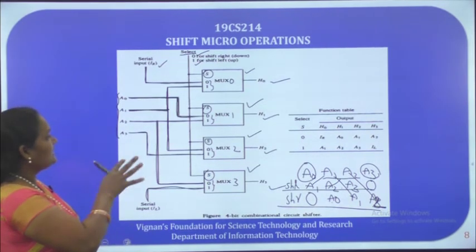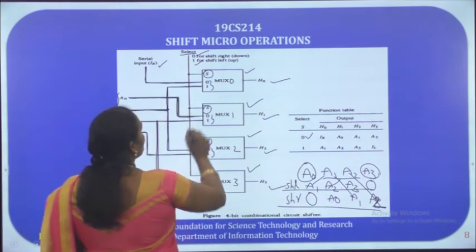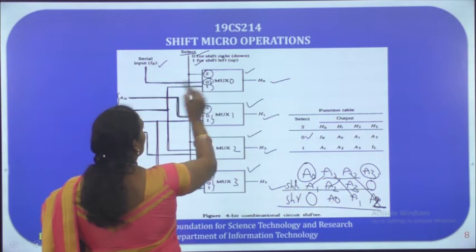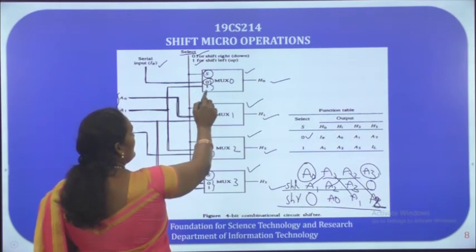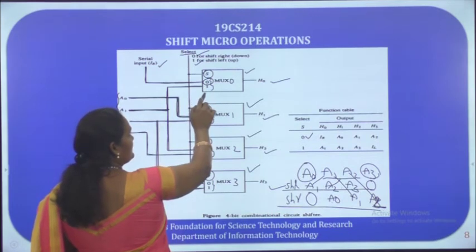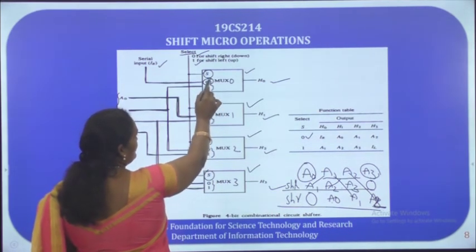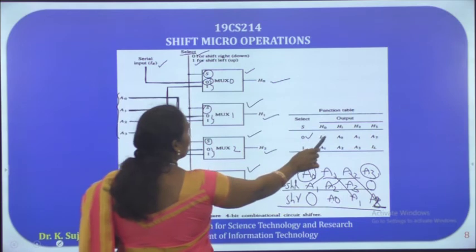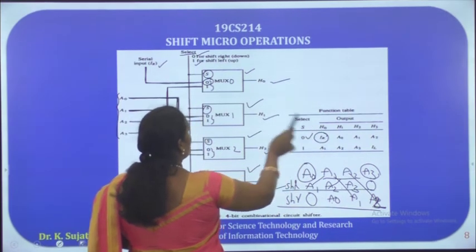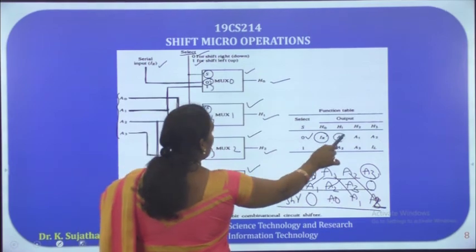Now how does it work? Let us see. If selection input is 0, out of these two inputs, one becomes active. If S is 0, the 0 input becomes active. So what it is receiving is sent as H0. It is receiving IR, so IR becomes H0. This is connected to A0, so A0 becomes H1.